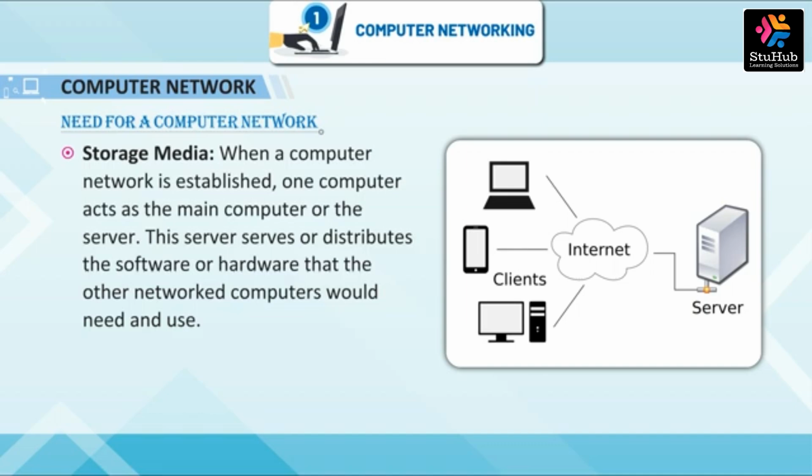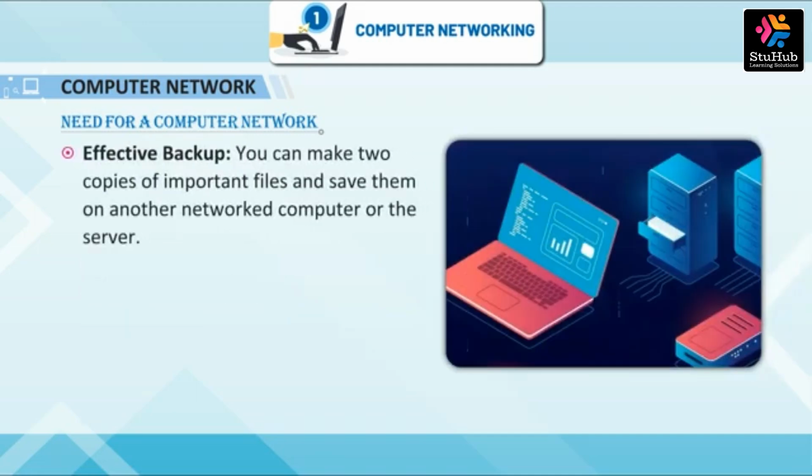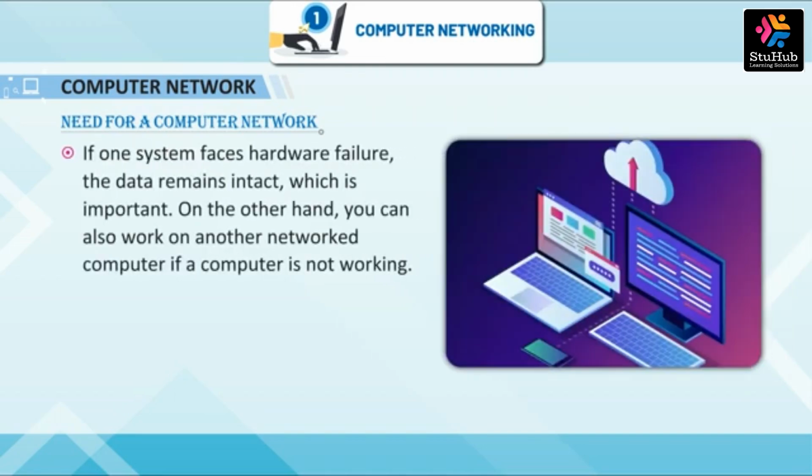This server serves or distributes the software or hardware that the other networked computers would need and use. Effective backup. You can make two copies of important files and save them on another networked computer or the server. If one system faces hardware failure, the data remains intact, which is important. On the other hand, you can also work on another networked computer if a computer is not working.